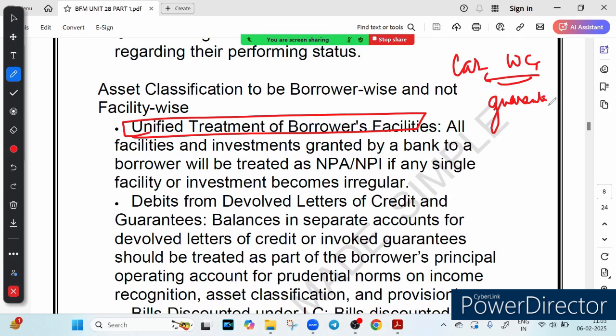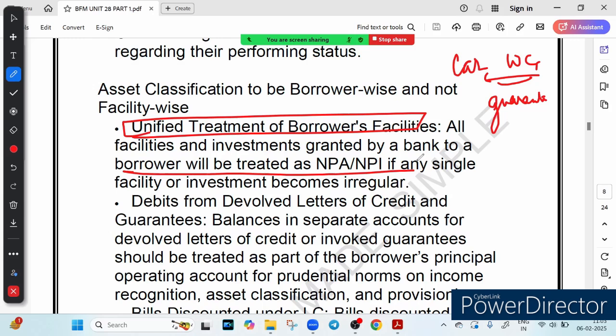Will all of a sudden the entire borrower profile be marked as NPA? The entire borrower will be treated as NPA, not just the facility that went bad. The entire loan will be classified as NPA, all of a sudden.